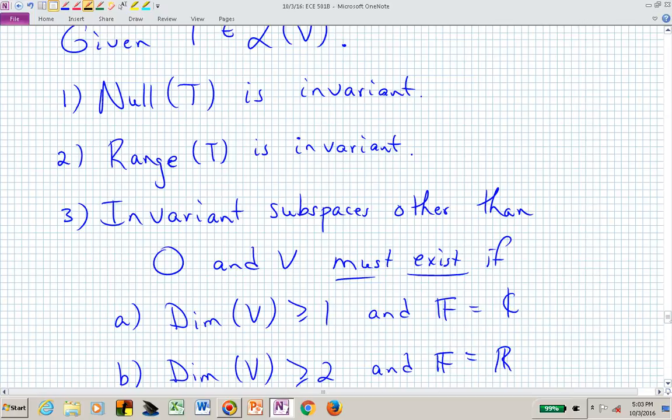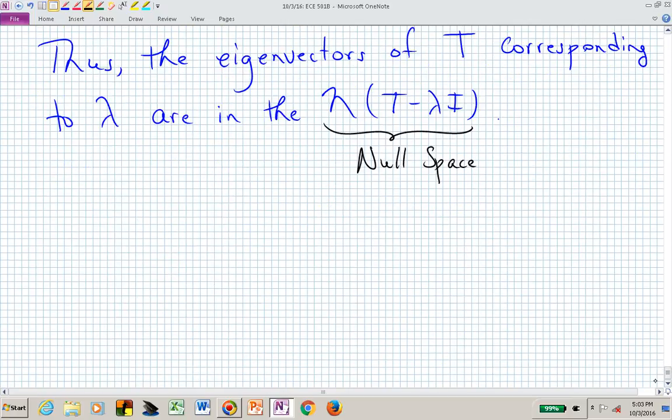We know that they're invariant to T, so now we know that this particular vector w is invariant to T minus lambda I.